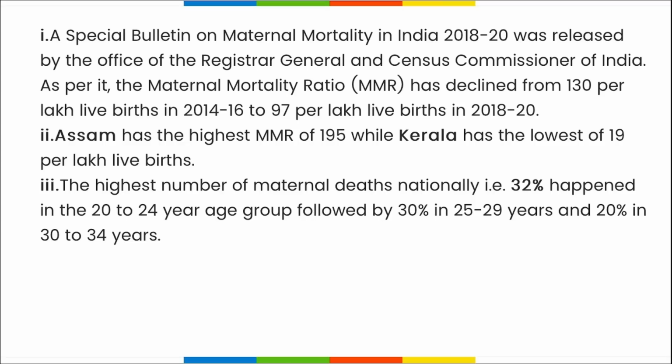And here you can see that Assam has topped it with 195 deaths per lakh live births, and Kerala has the lowest, that is 19 deaths per lakh live births. All right, remember this. So do correct it in your notes also.